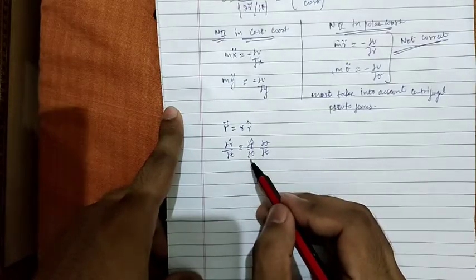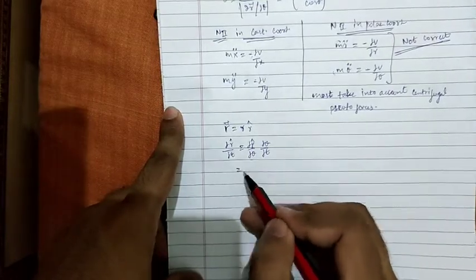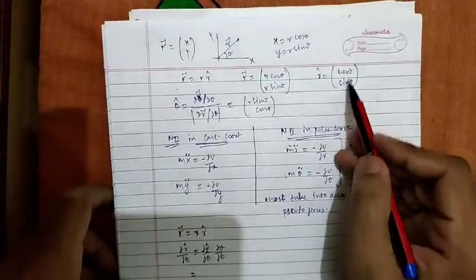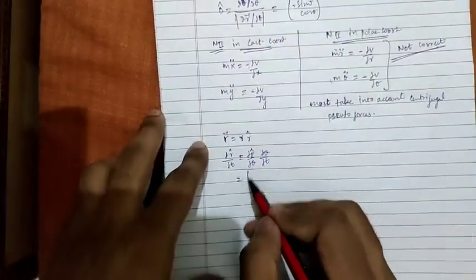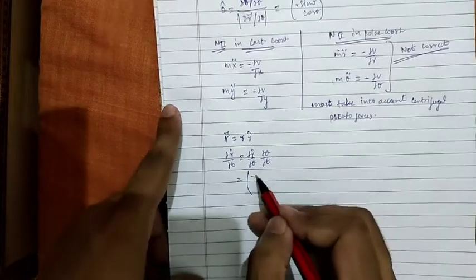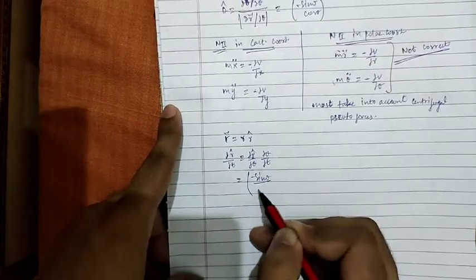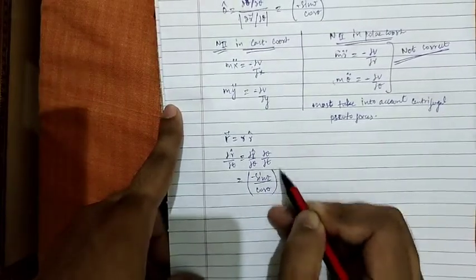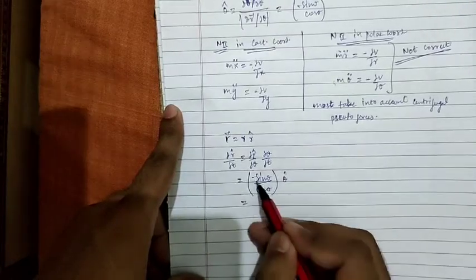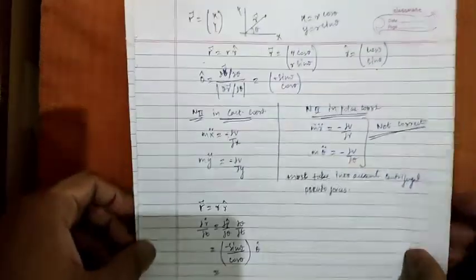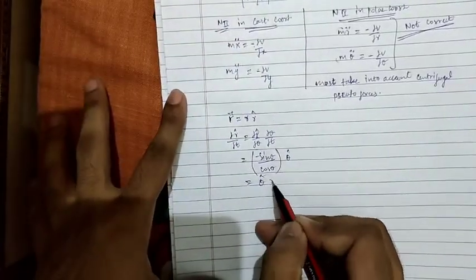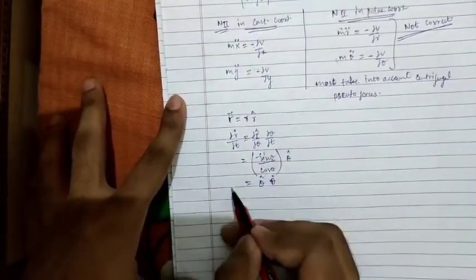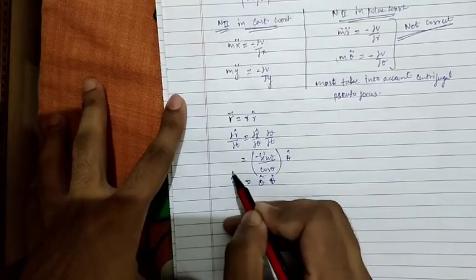And we know that r cap here is cos theta and sin theta. On differentiating this with respect to theta, we have minus sin theta and cos theta, times theta dot. And minus sin theta, cos theta is nothing but our theta cap. So I'm substituting here theta cap theta dot, which is the value of r cap dot.